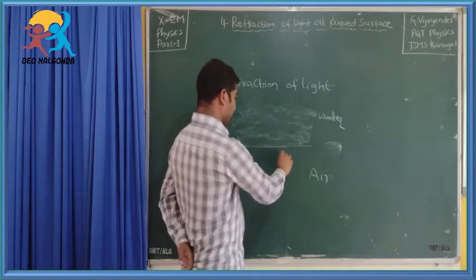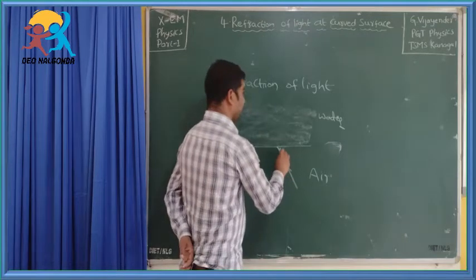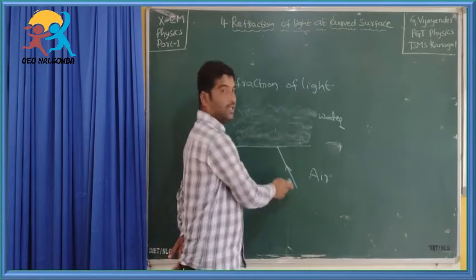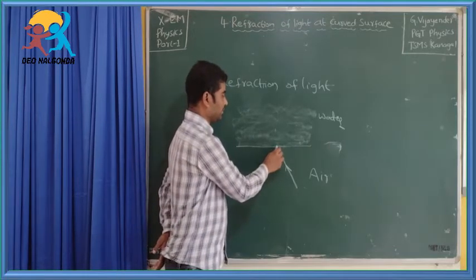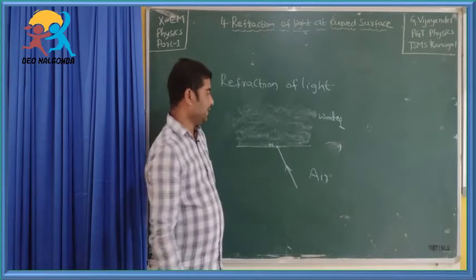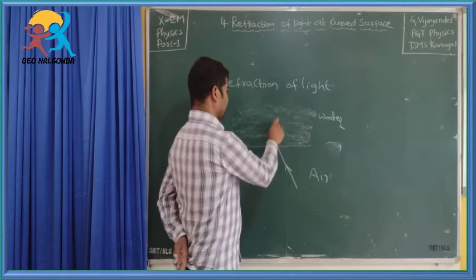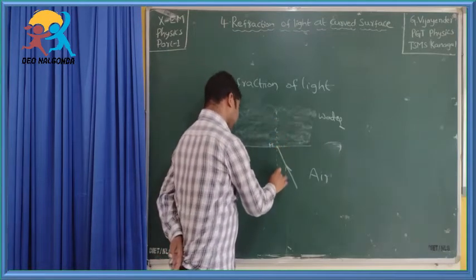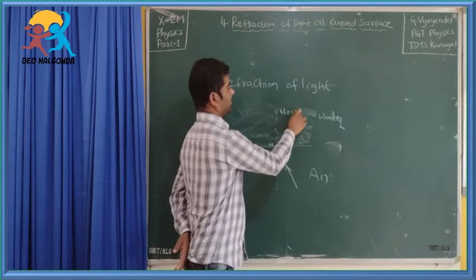A light ray is traveling from air to water. This is the incident light ray. It is incident at point M, and somewhat the light is reflecting back. Now we can draw the normal at the point of incidence.